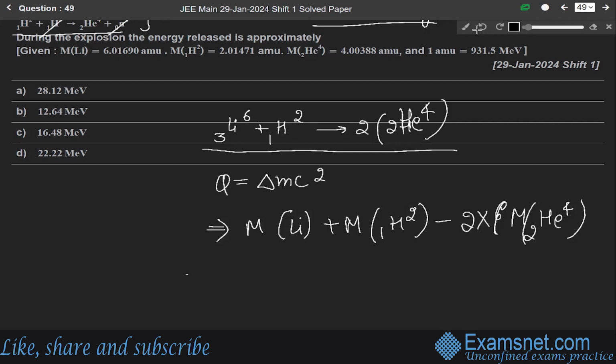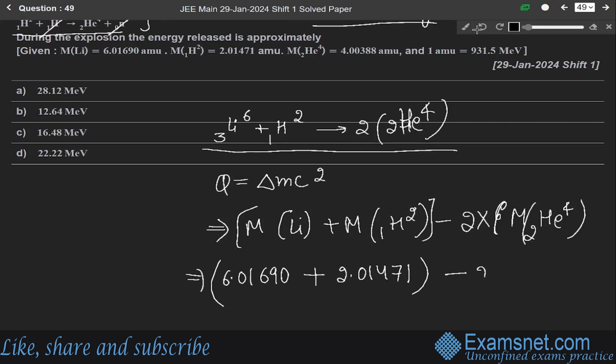Now solving it, we get mass of Li is 6.01690 AMU plus mass of 1H2, 2.01471 AMU, minus 2 into 4.00388 AMU.